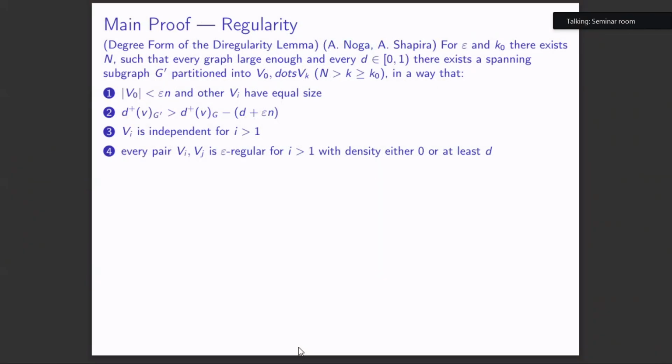Okay. This slide I will mostly skip. This is for the sake of completeness. We use the degree form of the regularity lemma by Alon and Shapira. It's just a special form of the Szemerédi regularity lemma for digraphs, in essence focusing on outdegree.